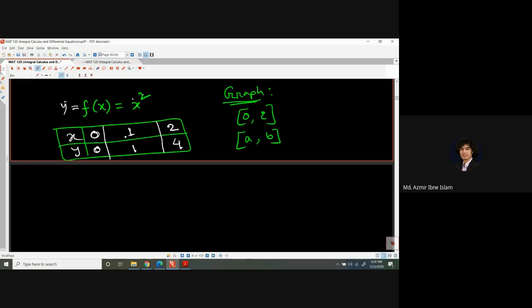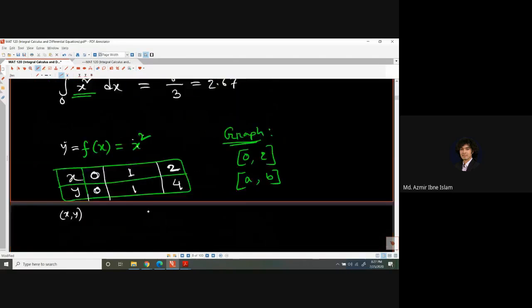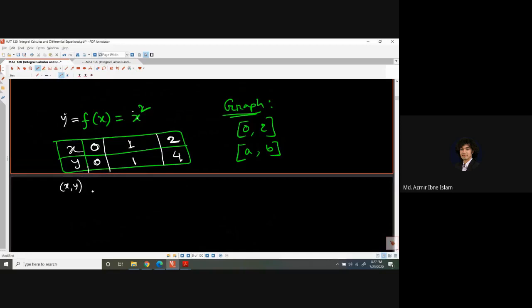Inputting 1, we get 1 as y. Plugging 2 where we have x, y is found to be 4. So the points can be written as (x, y): we have the point (0, 0), the point (1, 1), and the point (2, 4).